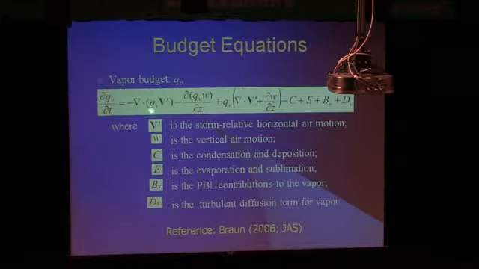By the way, this is in a storm-relative framework, so the motion of the typhoon is already subtracted. C is the total condensation and deposition. E is the sublimation and evaporation. BV is the boundary layer contribution to the water vapor, and DV is the turbulence mixing term.